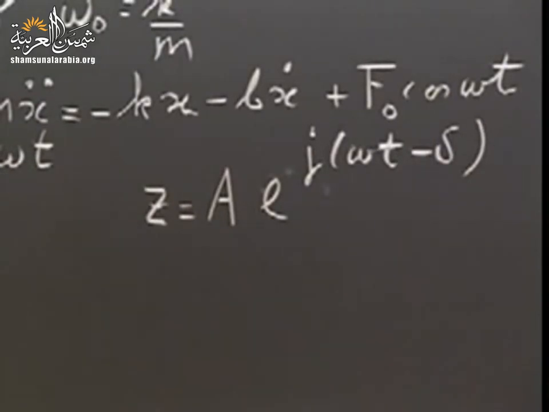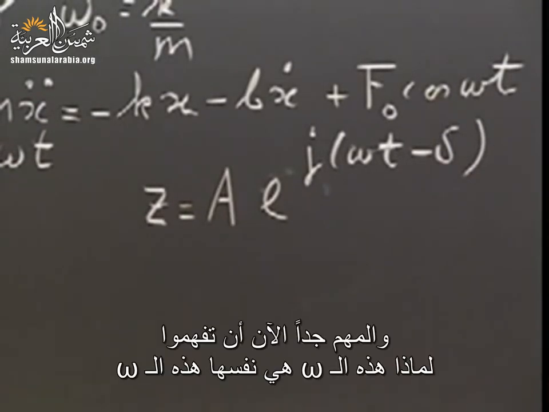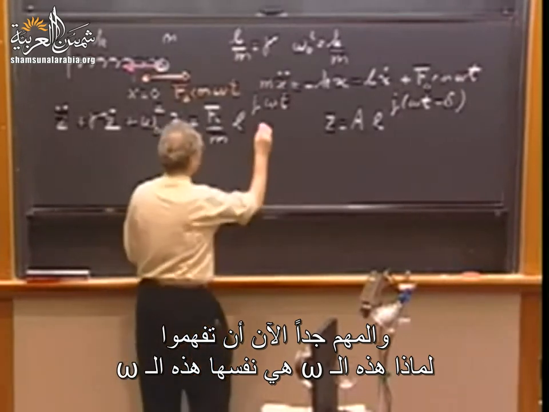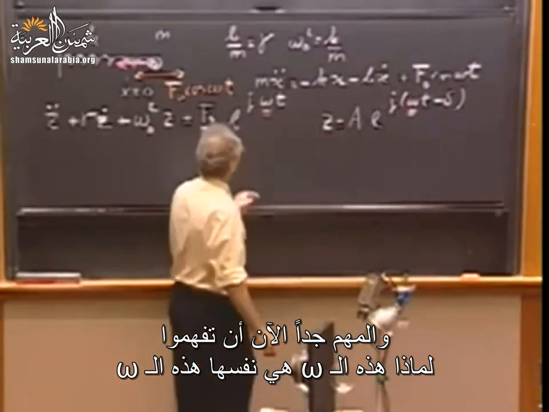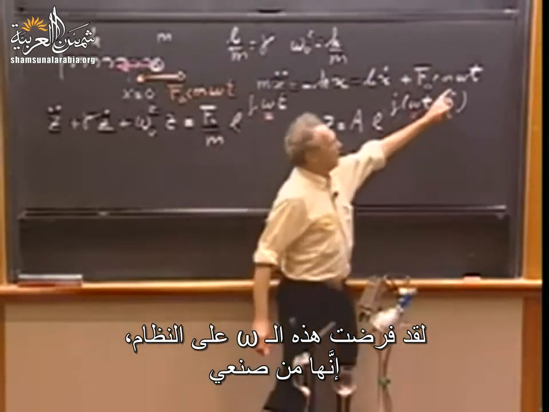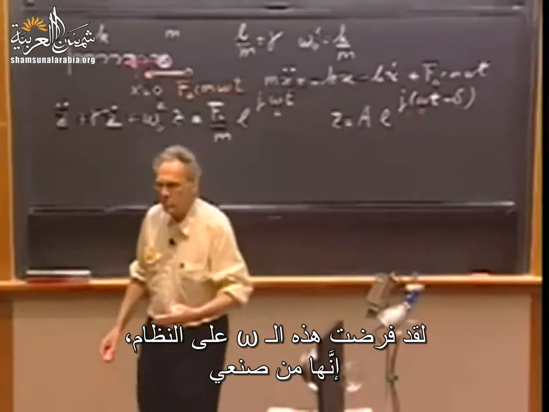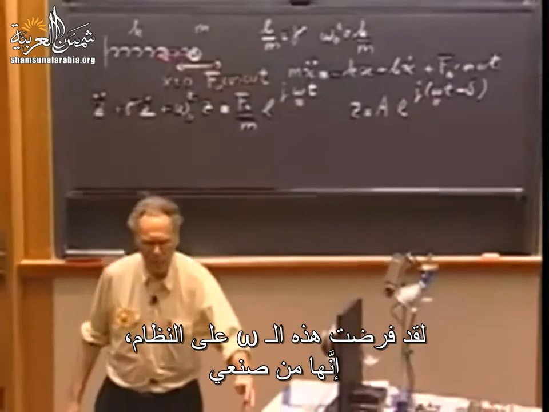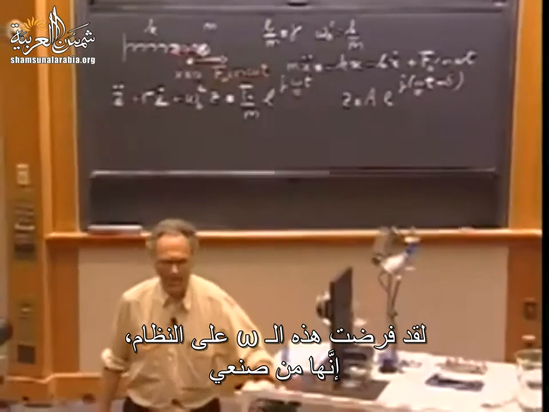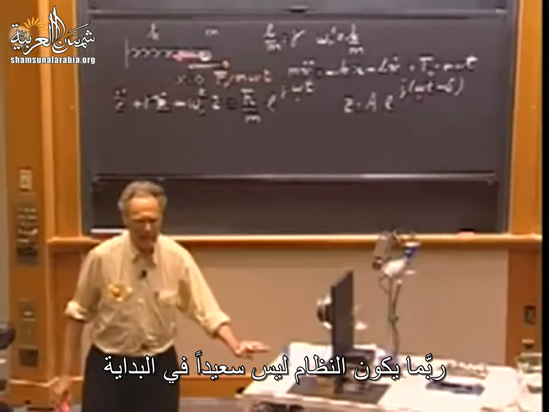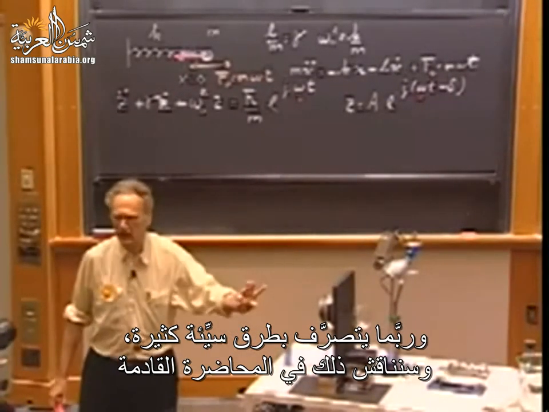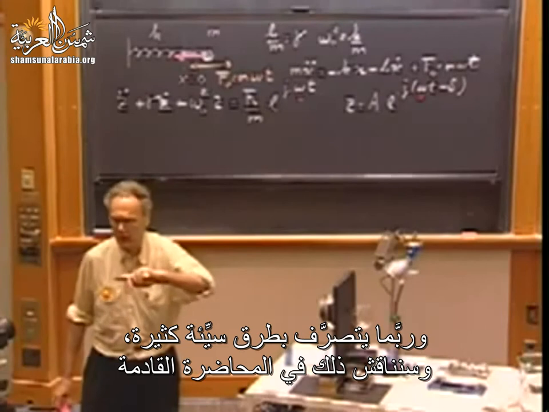Now, crucial is that you understand why this omega and this omega are the same. This is the omega of my driving the system, that is my will that I impose on that system. Clearly, given enough time, in the beginning the system may be unhappy and it may do all kinds of nasty things, which we will discuss next lecture.